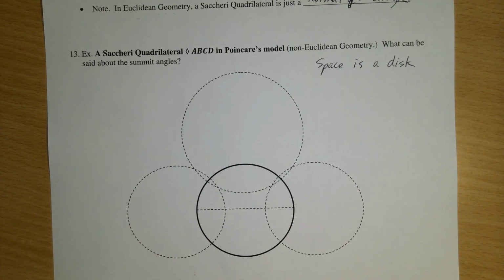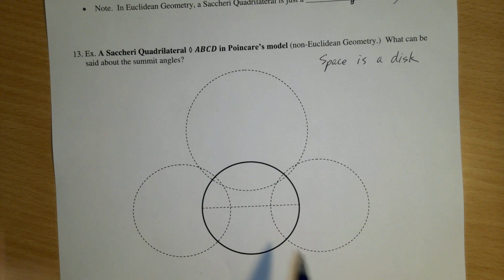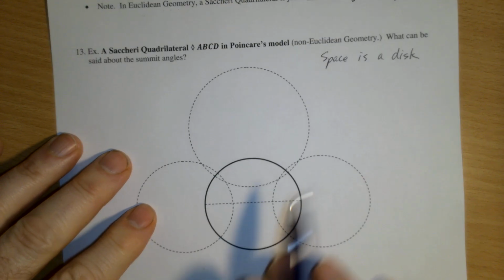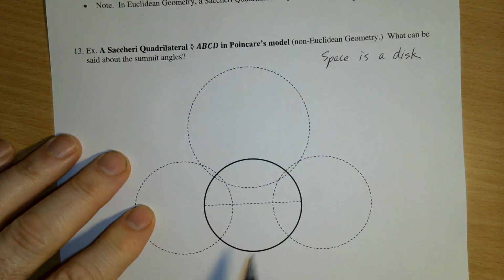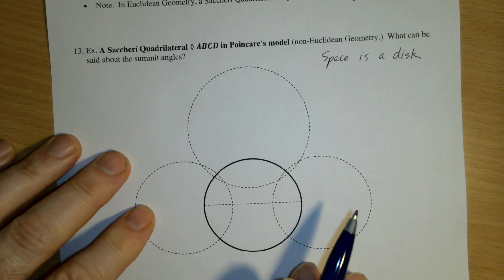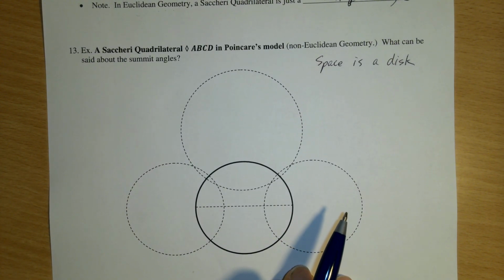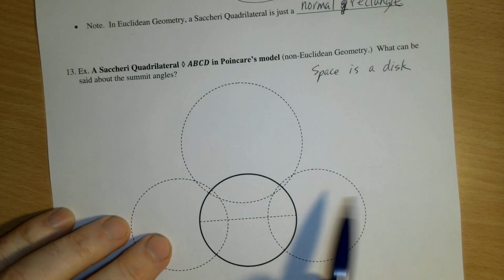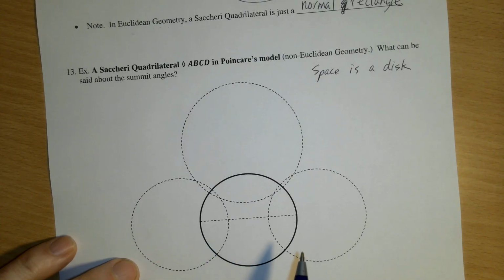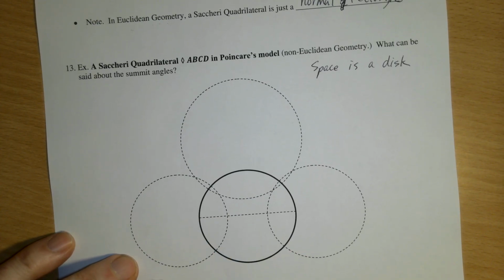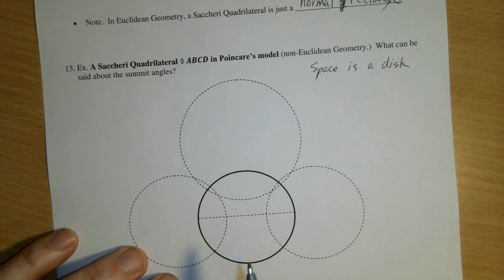Okay, so it's not a whole XY plane. It's just, you see this dark circle? The inside region of that circle gives us a disk.